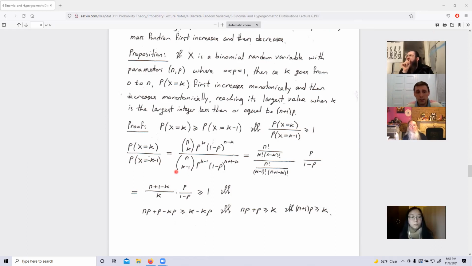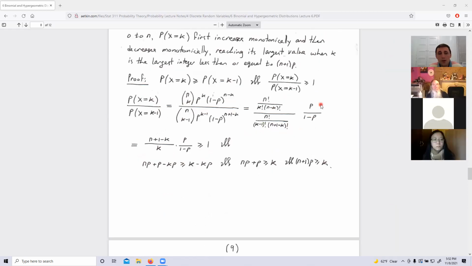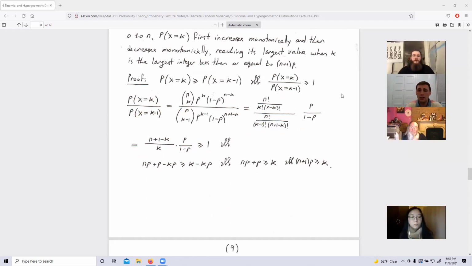So you can see that the ratio of P(X=k) divided by the previous one is equal to this number. All I have to do to calculate P(X=k) is just take this number and multiply by what you have on the denominator, assuming I figured it in the previous step. That's what I mean by recursive calculation.